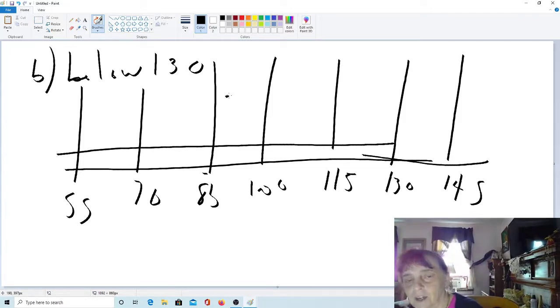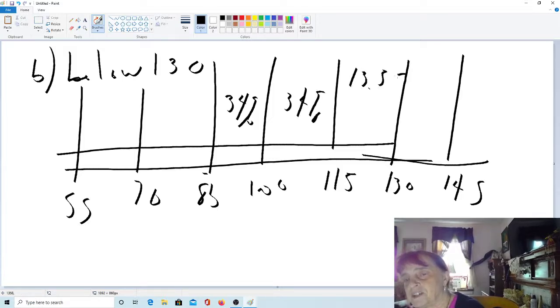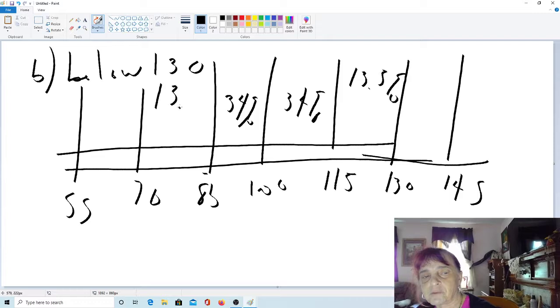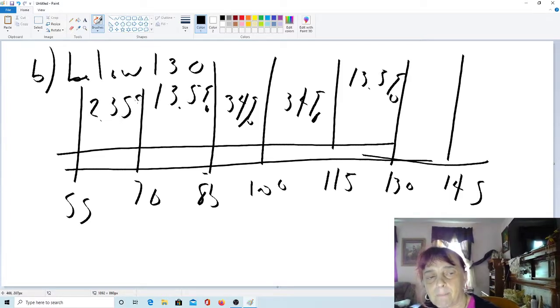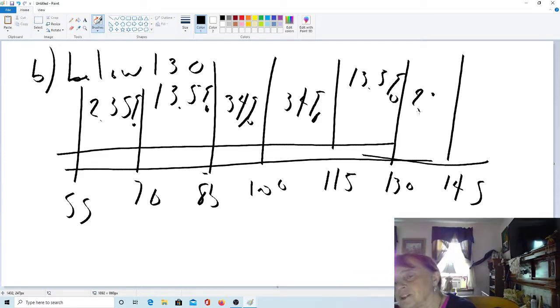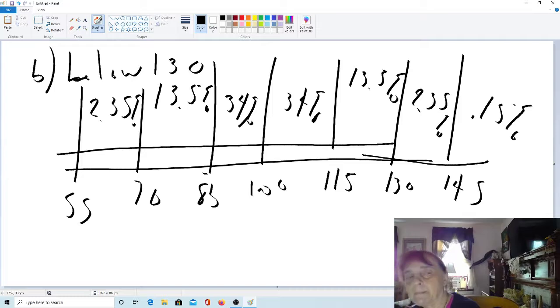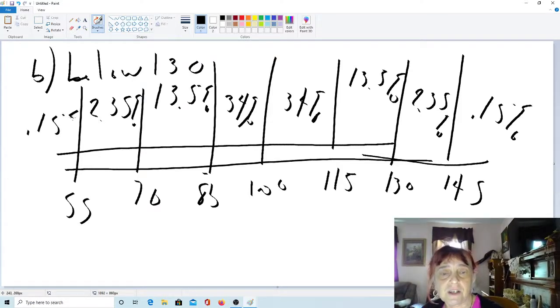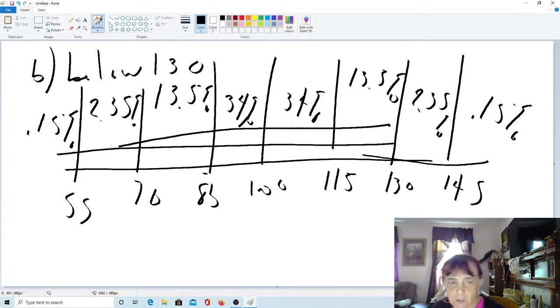And you have 34%, 34%, 13.5%, 13.5%, 2.35%, 2.35%, 0.15%, and 0.15%.